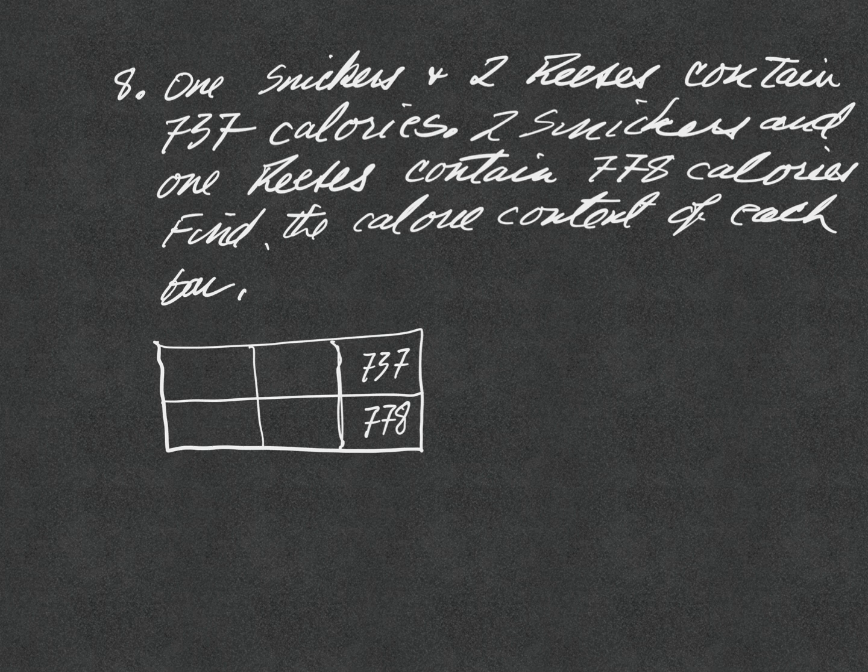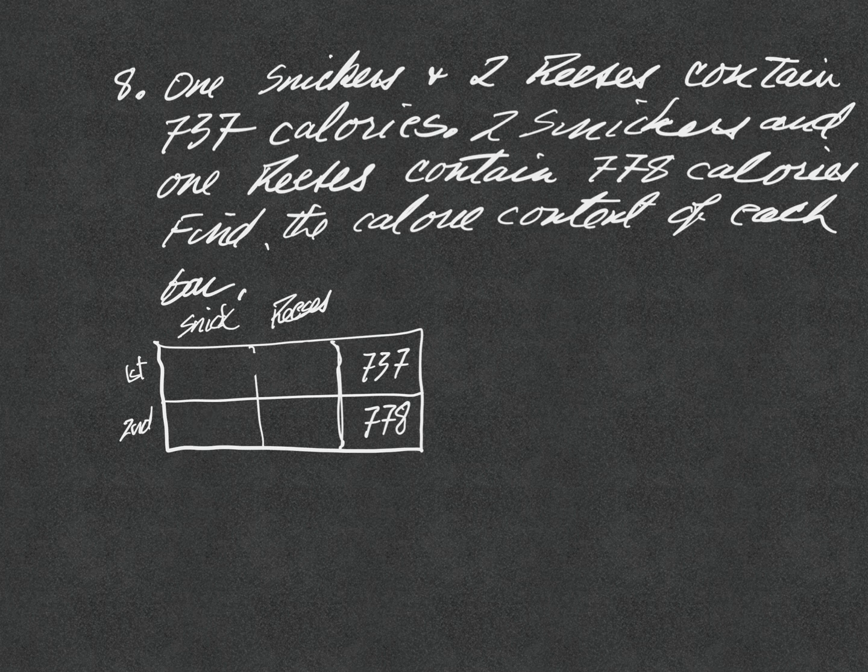So I know this will be the number of Snickers, and this could be the number of Reese's. All right, and then this is the first situation, and this is the second one. In the first situation, I have 2 Snickers bar and 1 Reese's. In the second, I have 1 Snickers. Whoops, I did that backwards. Oh my gosh.